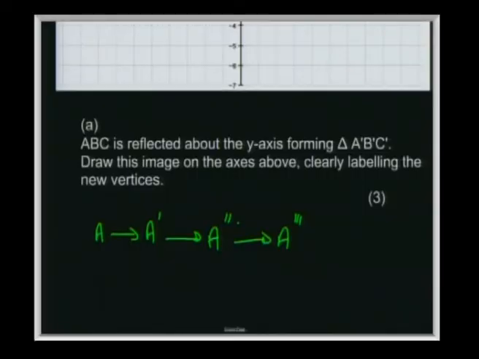Okay, let's go back to the question, and let's see what the question is actually asking us. Here they ask us to rotate it around the y-axis. We must draw the image, and we must clearly label the new vertices.